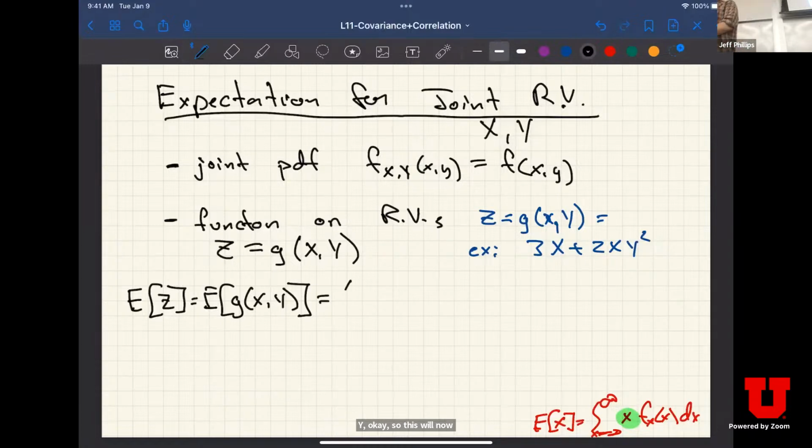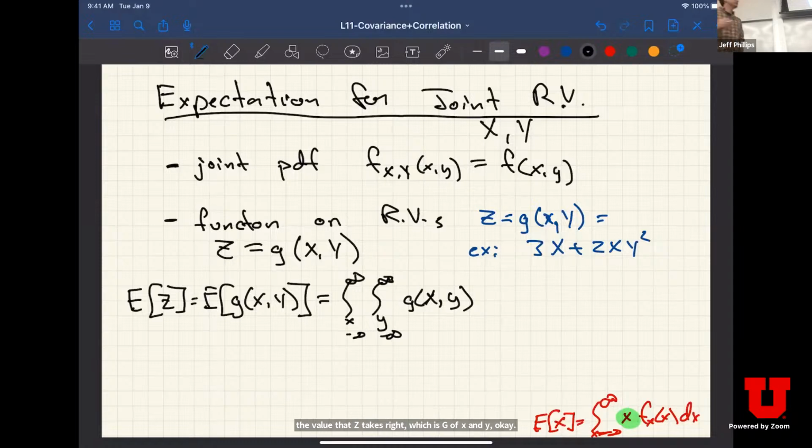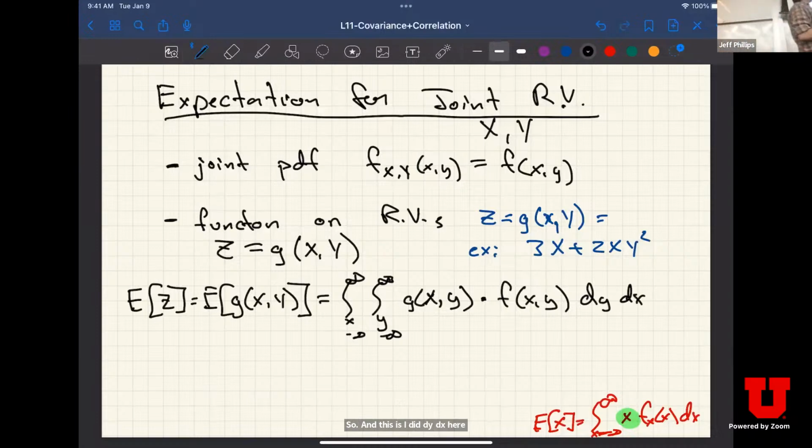This will be an integral over x and an integral over y, out of all the possible values, from minus infinity to infinity, of the value that Z takes, which is g of x and y. But then I need to know the probability distribution. I'm integrating over all values x and y, and that's described still by f, so then I do dy dx here. This will be the expectation of this.